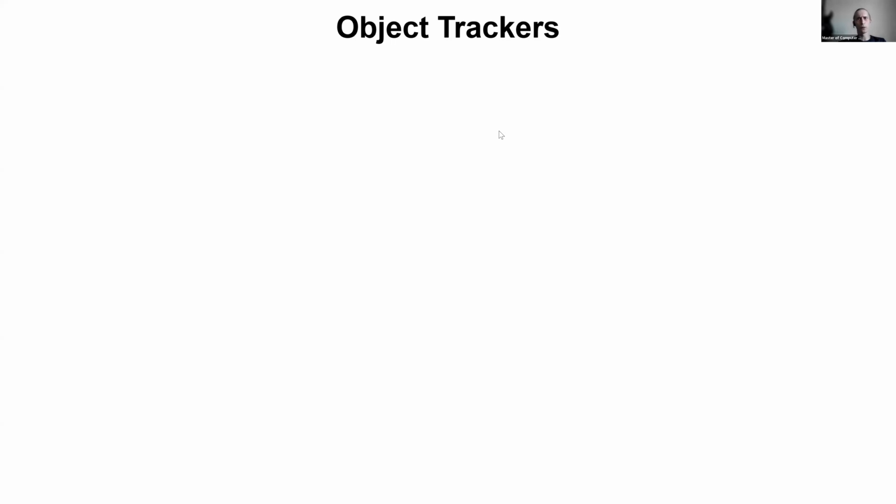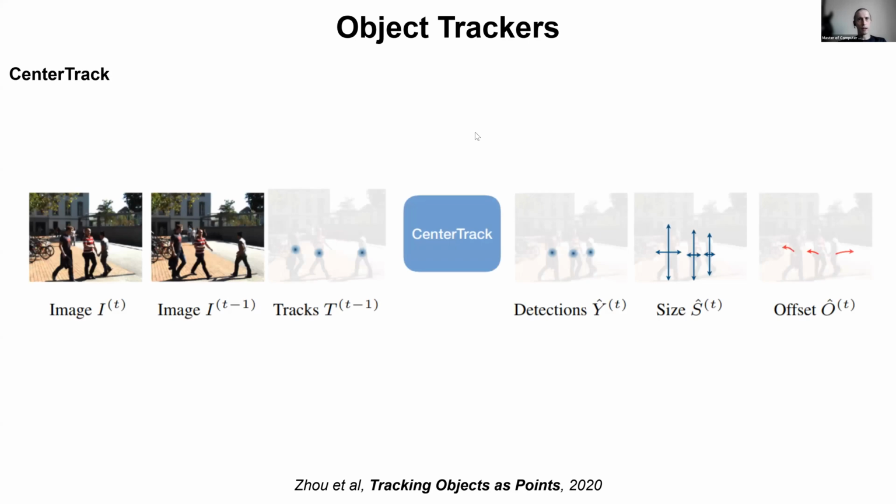Important prerequisites for both works were the appearance of so-called anchor-free object detectors. The authors of Tracking Objects as Points based its model on the CenterNet object detector, an anchor-free object detector, expanding the concept of detection to a track.